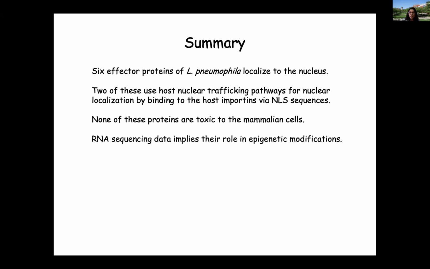Is there any Legionella protein that is acting as an importer? And we see that in the triple mutant, if we delete 3 or more of these effectors, then we are able to see the intracellular growth defect. None of these are toxic to the mammalian cells. And now we know that the RNA sequencing data implies that they are involved in epigenetic modifications.